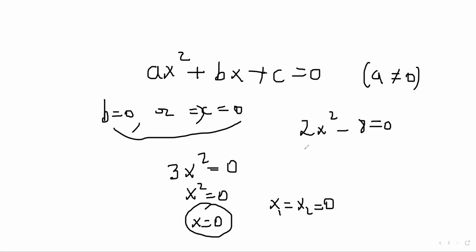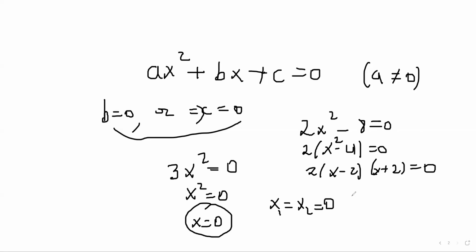We can do factorization: 2 times (x squared minus 4) equals 0, which means 2 times (x minus 2) times (x plus 2) equals 0. From here, according to the null factor theorem, x minus 2 equals 0 and x plus 2 equals 0. So obviously x equals 2, x equals negative 2.